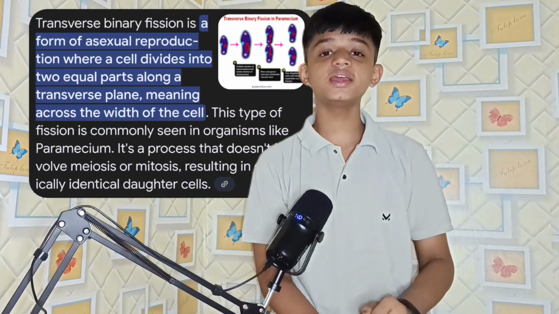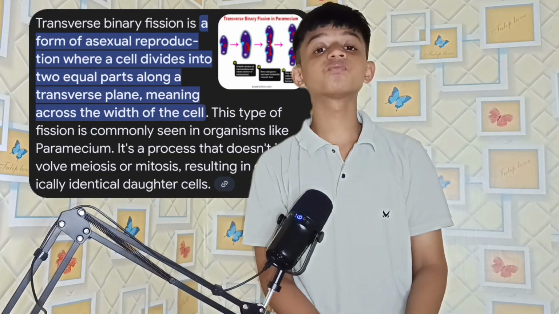The organism which divides in its transverse plane, having a specific shape, and uses this method of reproduction is producing by transverse binary fission. So they reproduce with the help of this fission.